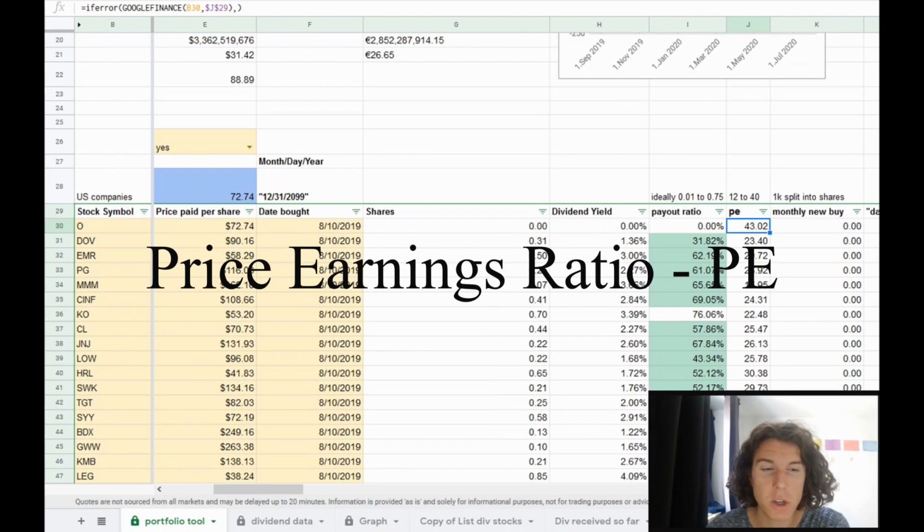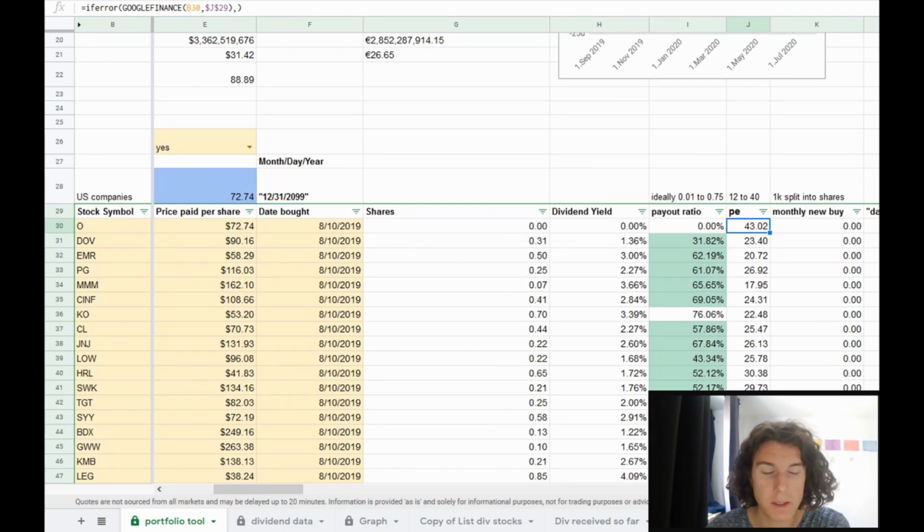Then you have the price earnings ratio. I did read in some books that it should ideally be between 12 and 40, but I think the lower the better. But if it's too low, there's maybe a problem with the stock, and then they might stop paying out dividends altogether.